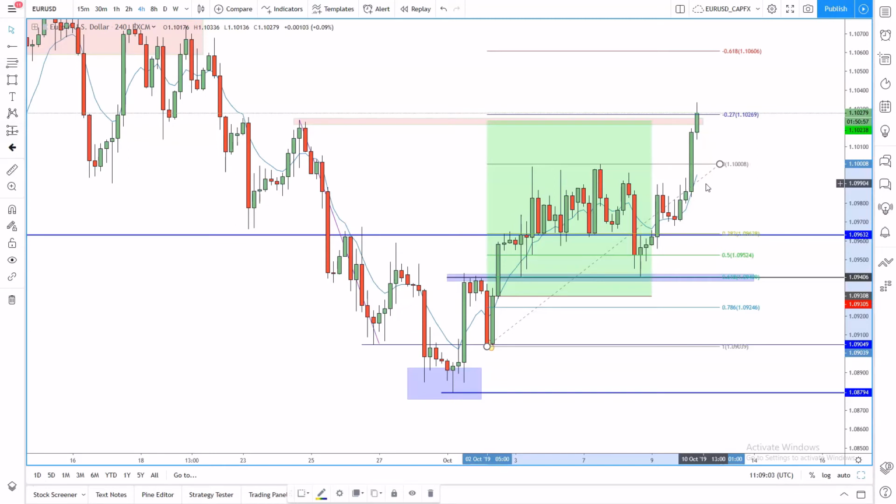And in terms of trade management, I think this is one part where it will take a bit of practice, because holding a trade for this long does require a great deal of patience. After taking a trade like this, the biggest thing to do is to just wait for price to play out.